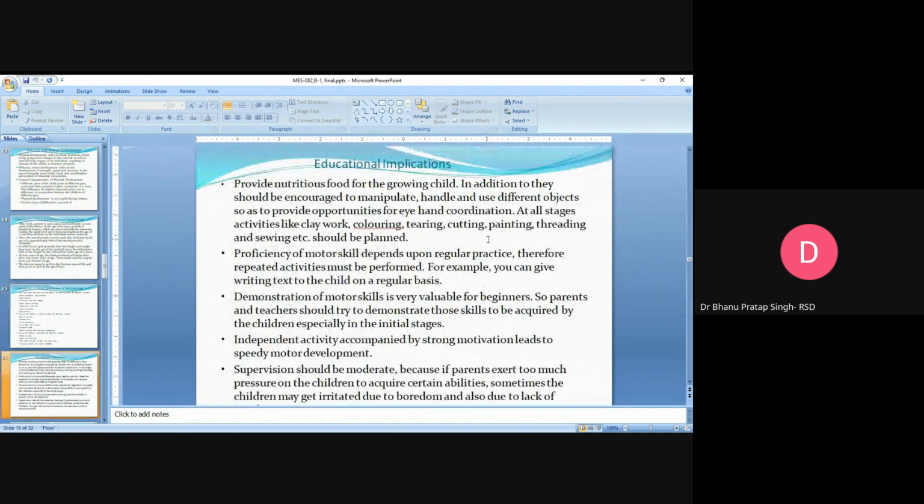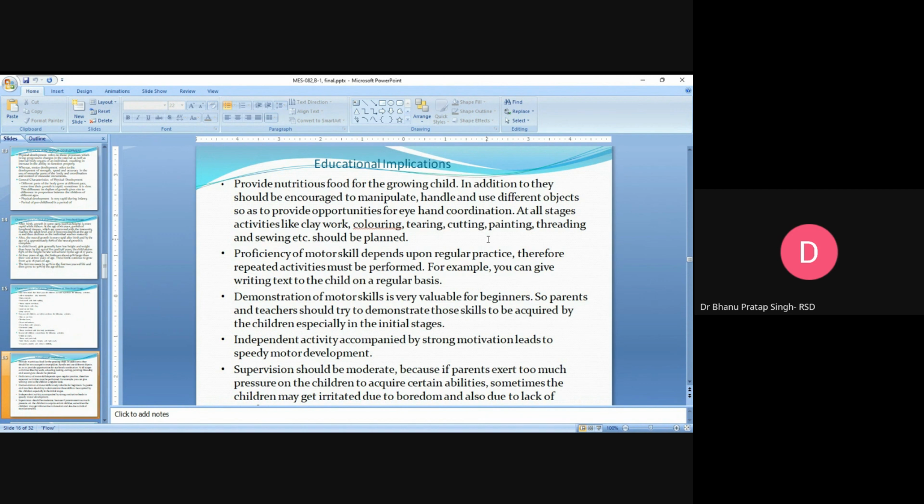These are the educational implications of understanding human development. Why is it important? Because we must provide nutritious food for the growing child. If we are aware, then we know what kind of development should be there. As a teacher or parent, we should provide nutritious food for the growing child.